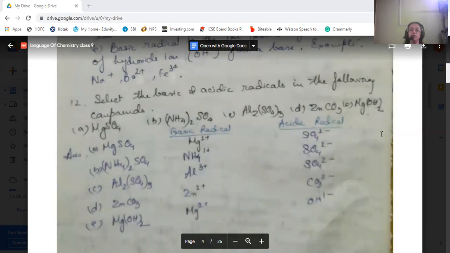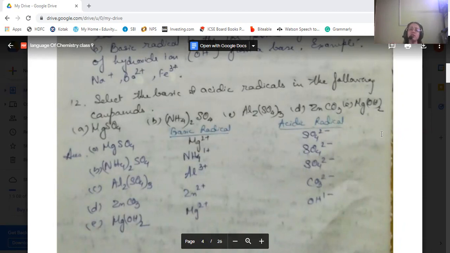In the same way, if this had been hydrogen sulfate, or you can say sulfuric acid, then if we remove the hydrogen, what remains is the sulfate ion. So that is the acid radical.